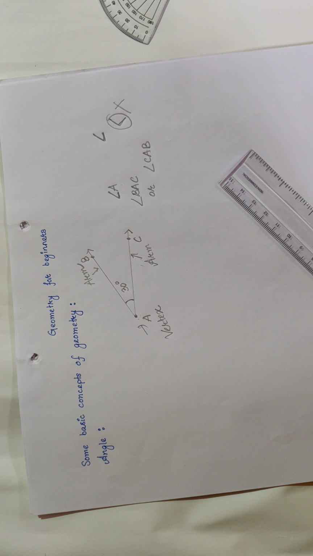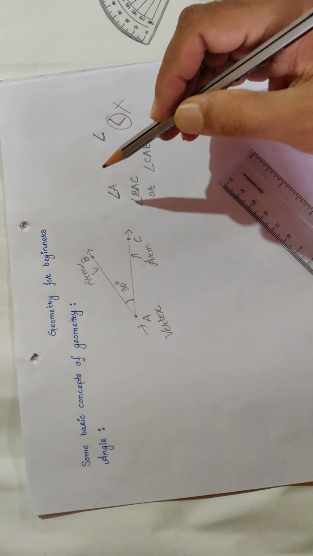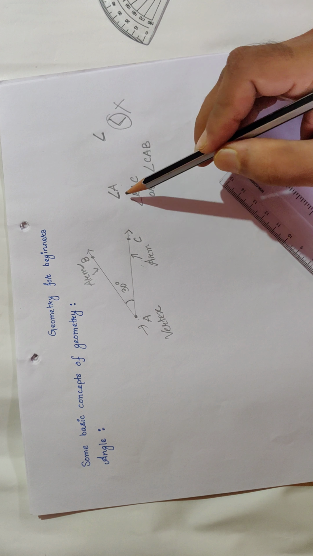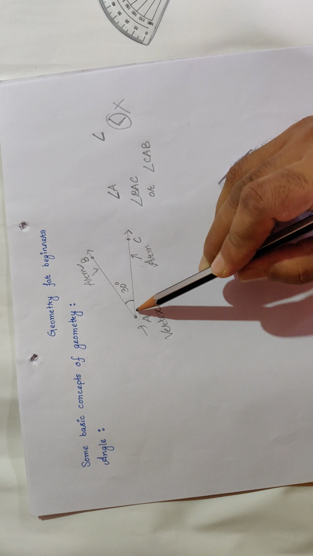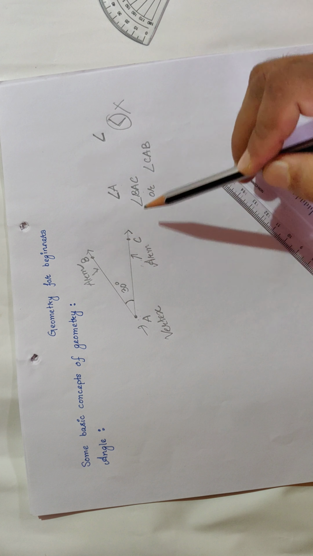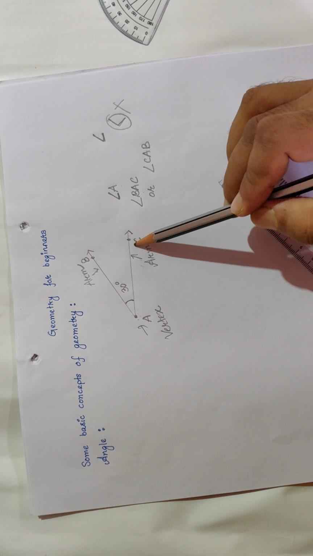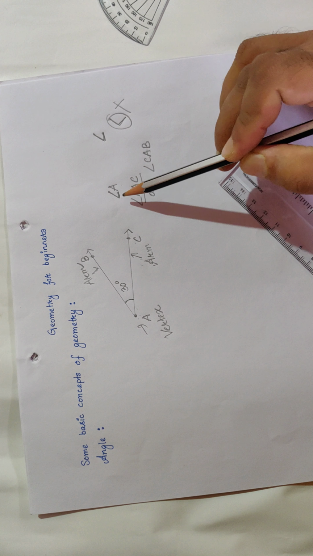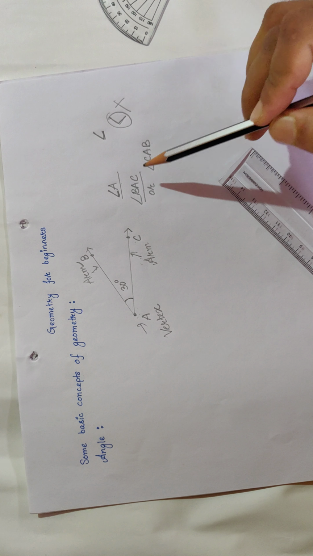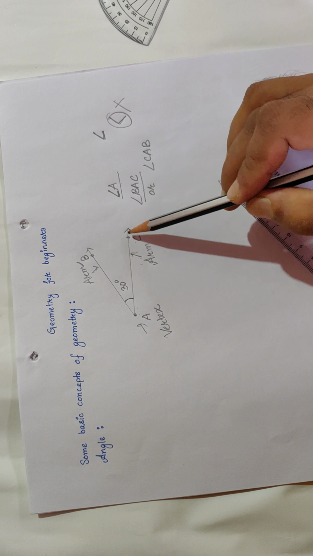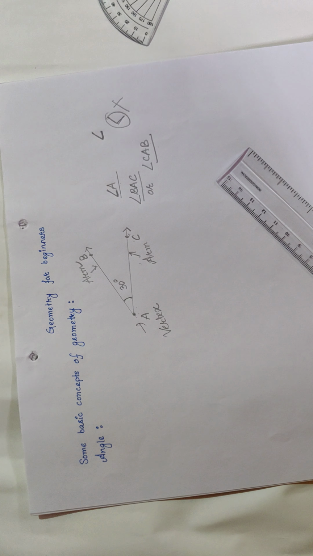So in this way an angle can be named either as angle A, single letter system, or you can write it as angle BAC, 3-letter system, or as CAB. In these three ways we can give it a name.